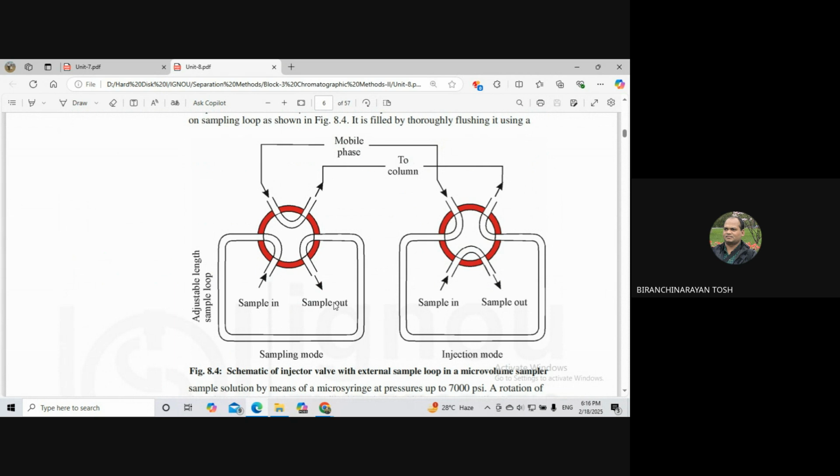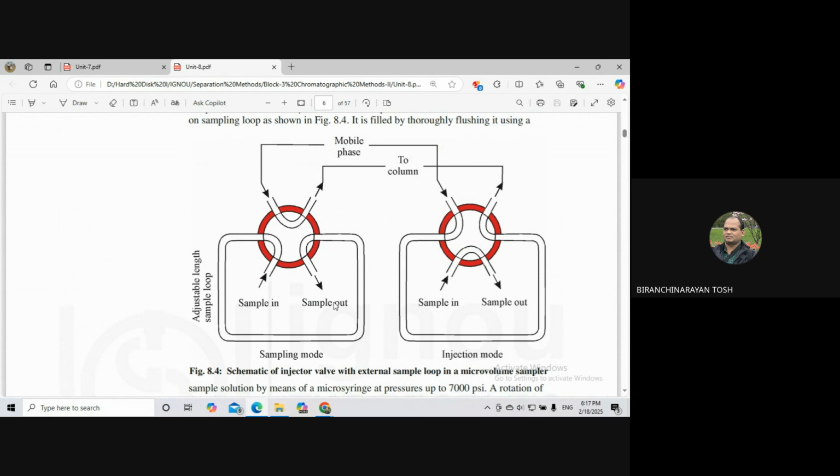Generally, samples are dissolved in a mobile phase solvent to avoid a solvent peak, and 10 to 50 microliters is introduced through sampling valves. These devices form an integral part of the liquid chromatography equipment, having interchangeable loops with a choice of sample size from 5 to 500 microliters.